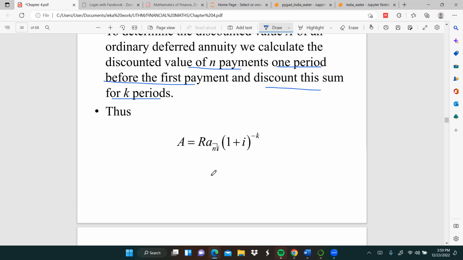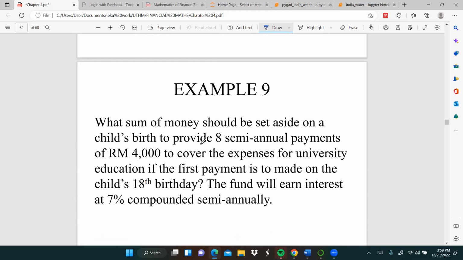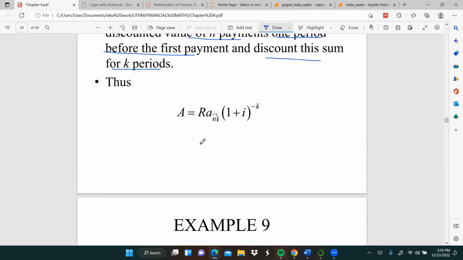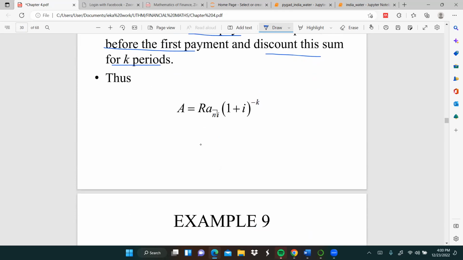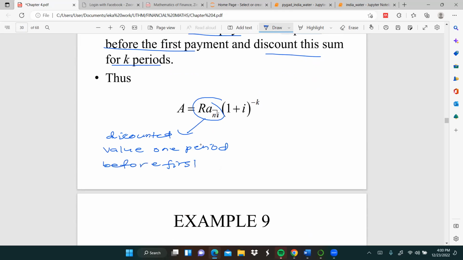So the discounted value one period before the first payment times K is R times A angle N at I, and then the discount factor for K periods is 1 plus I to the power of negative K. So this one is known as the discounted value one period before the first payment.